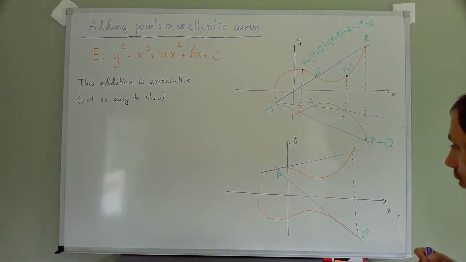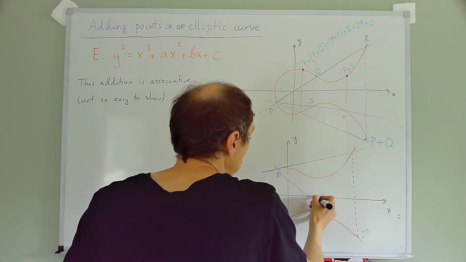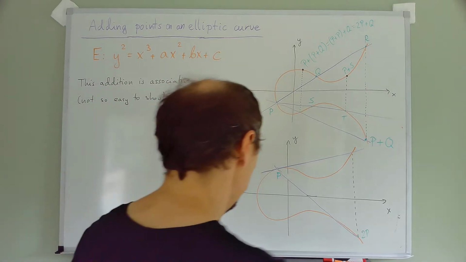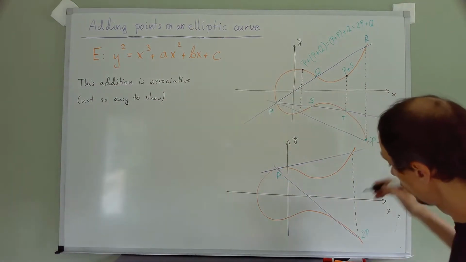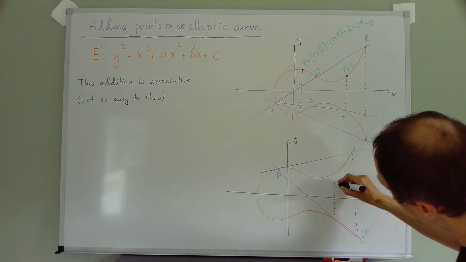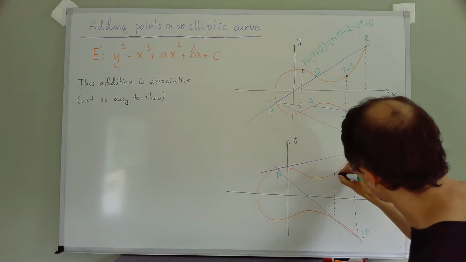All right, I connected 2P and P by a line. Where is 3P? Do you see? Yep, you guessed it right. That's the third point of intersection. You move it up. This is 3P.